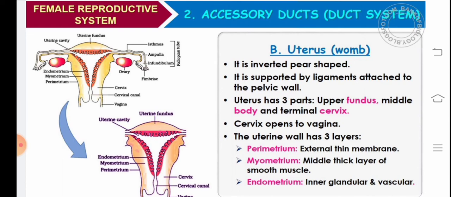The myometrium is the middle layer made up of smooth muscles, whereas the endometrium is the inner layer made up of glandular cells. The endometrium undergoes cyclical changes during the menstrual cycle, whereas the myometrium exhibits strong contraction during the delivery of the baby. Clear?